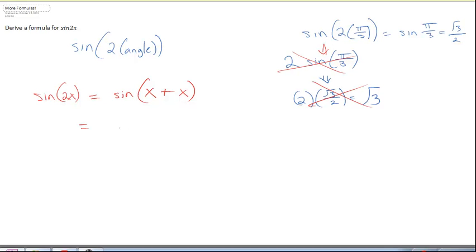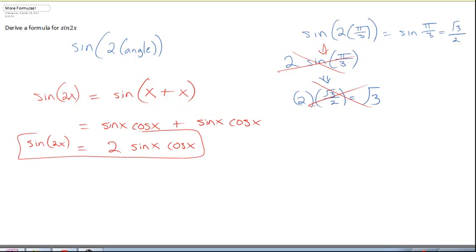So we're left then with, when I apply the trig addition formula that we just developed, sine x cosine x plus sine x cosine x, and we're left with 2 sine x cosine x as our expression. And there's another identity. Very easy to start building up a lot of formulas off of those simple trig addition formulas that we were looking at.